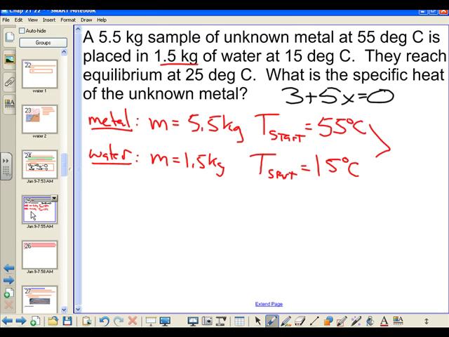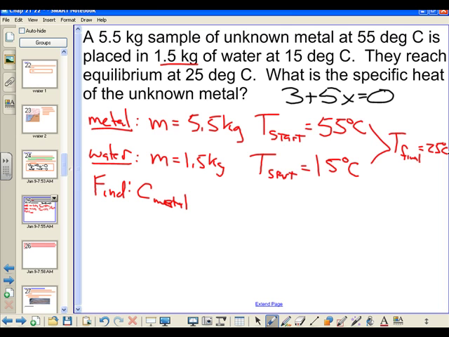We're going to put the metal into the water, and the metal is going to lose energy to the water until they both reach a final temperature of 25 degrees Celsius. Remember, when they reach equilibrium, everything has the same temperature. We're trying to find the specific heat of the metal.